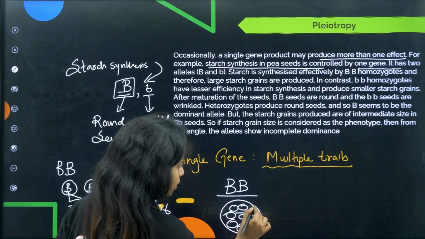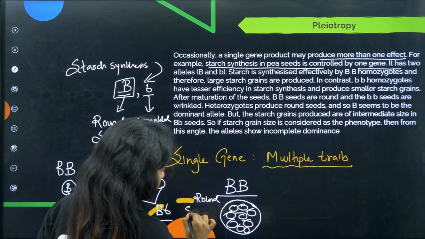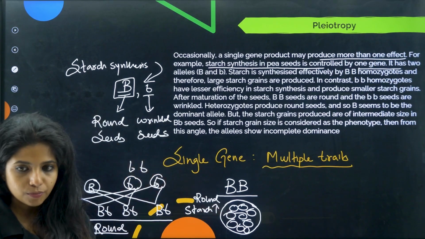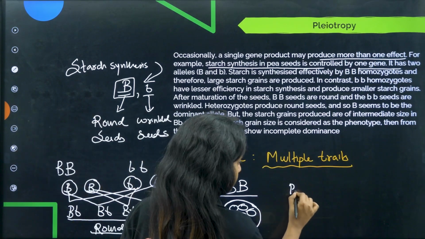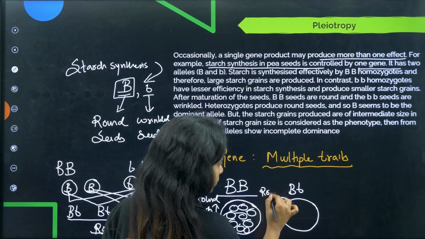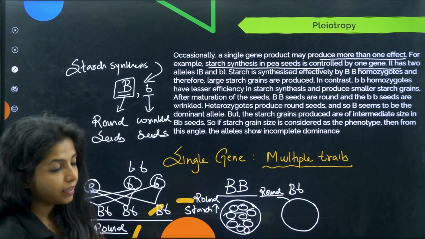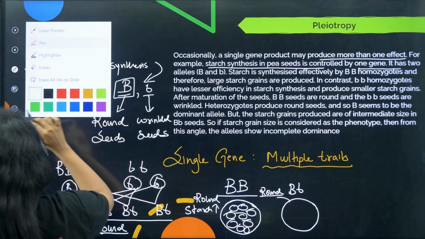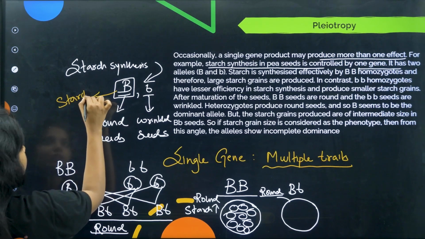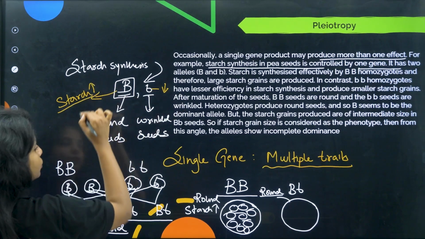So it is round, and starch content is basically way too much. When the condition is like this, still it is round, but capital B is responsible for one more thing, that is the formation of starch, and this would produce less starch, whereas this produces more starch.